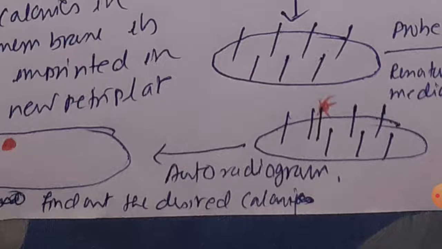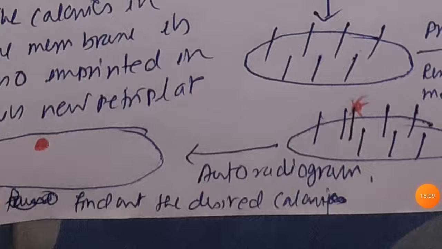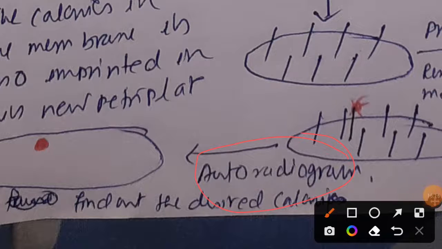Then after that, can you see anything? No. So what you have to do, as you have used a radioactively labeled probe, is use autoradiography, to generate an autoradiogram where we only have to find a spot, which is nothing but a signal provided by the radioactively labeled P32.